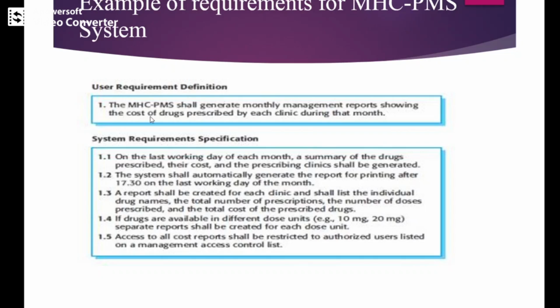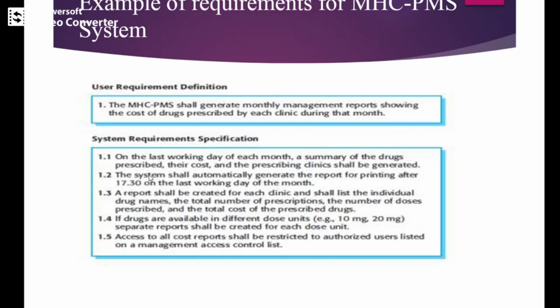So how am I going to explain this one user requirement in detail? Just see. 1.1. On the last working day of each month, which is the 30th or 31st, a summary of the drugs prescribed, their cost, and the prescribing clinics shall be generated. Here just the cost of drugs was told, but here you will have what drugs, their cost, and which clinic.